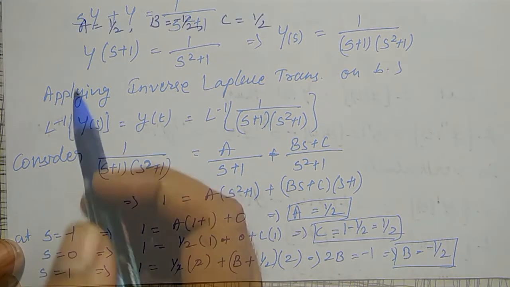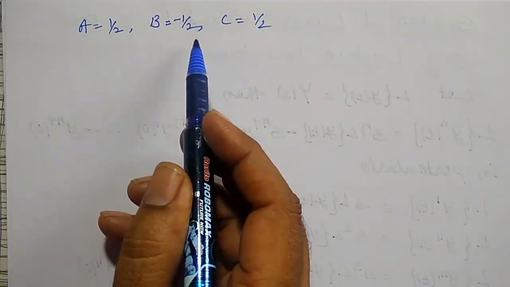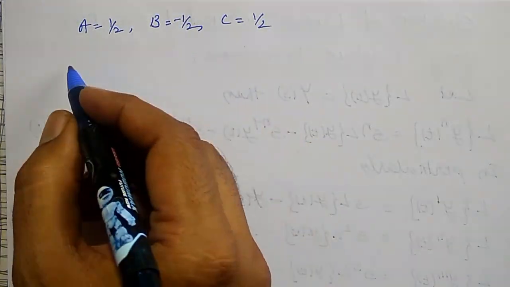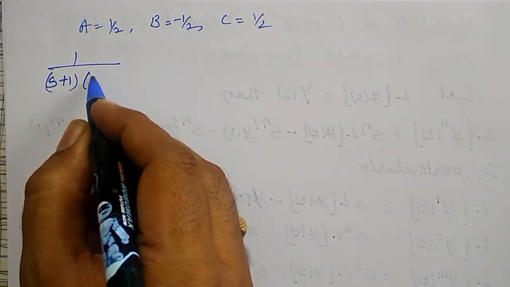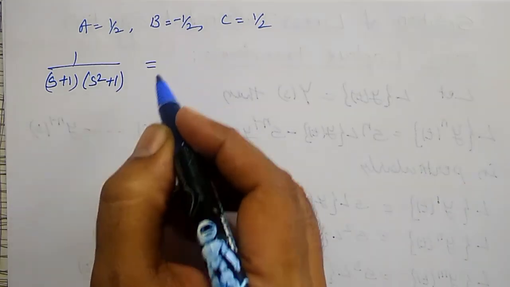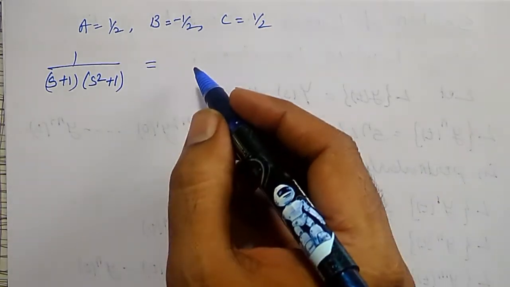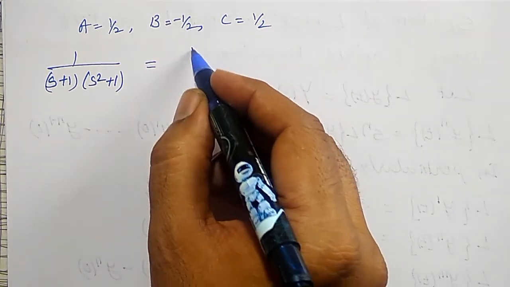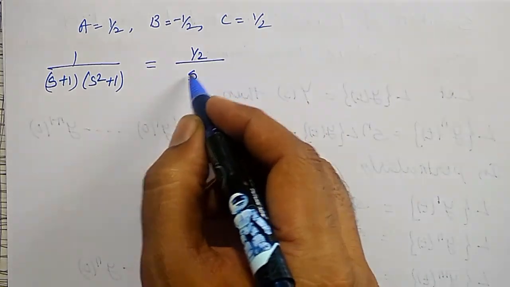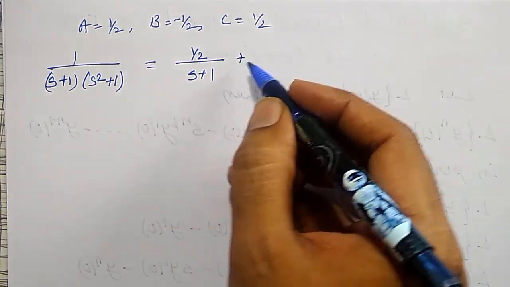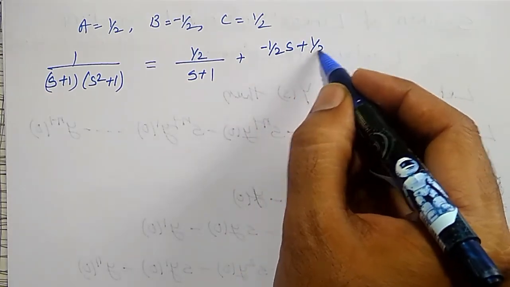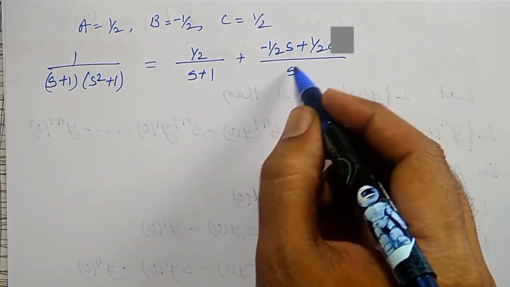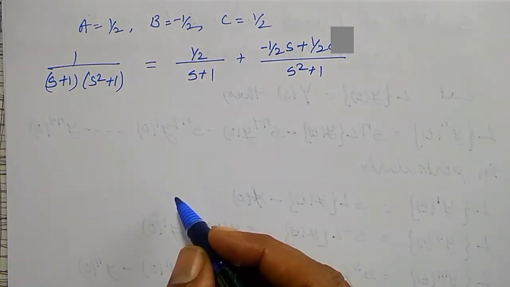Next, let me continue here. Using a equal to 1 by 2, b equal to minus 1 by 2, and c equal to 1 by 2, I can write 1 divided by (s plus 1) into (s square plus 1) equal to (1 by 2) divided by (s plus 1) plus ((minus 1 by 2) s plus 1 by 2) divided by (s square plus 1).